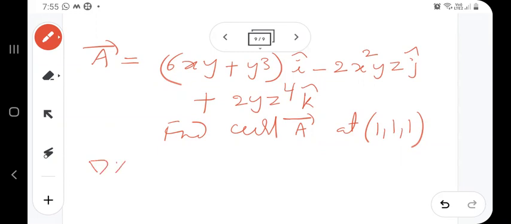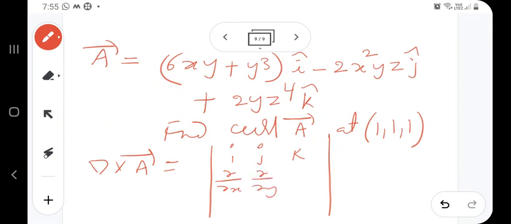First you find del bar cross a bar using the determinant formula: i, j, k, dou by dou x, dou by dou y, dou by dou z. Here you write the x component, 6xy plus y cube, the y component, minus 2x square yz, and the z component, 2yz power 4.